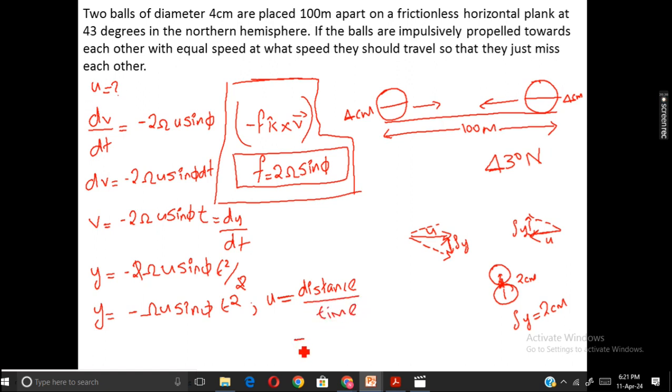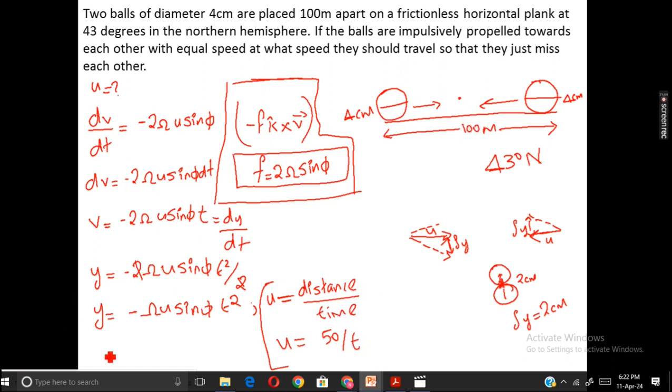Since both the balls are moving with equal velocity, the point at which these balls will meet each other will be at half of the total distance, that is 50 meter, total distance divided by 2. So u is basically 50 by t.